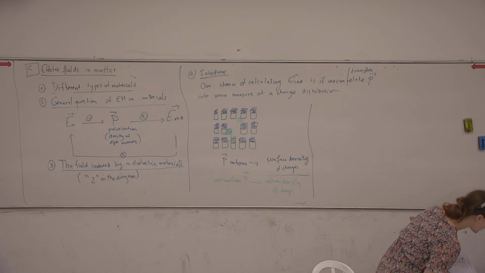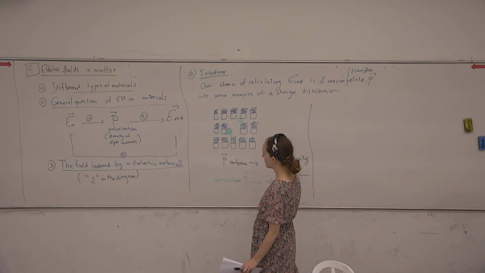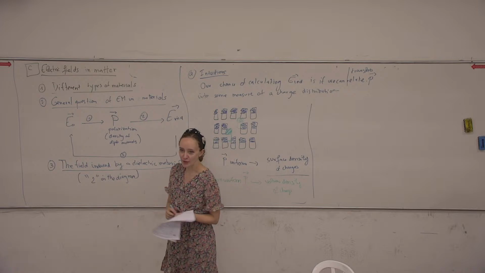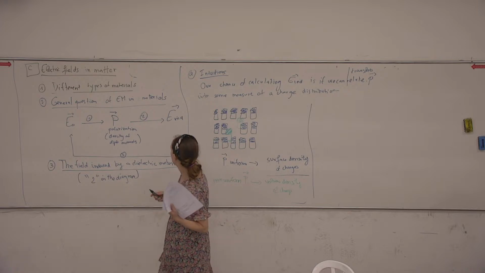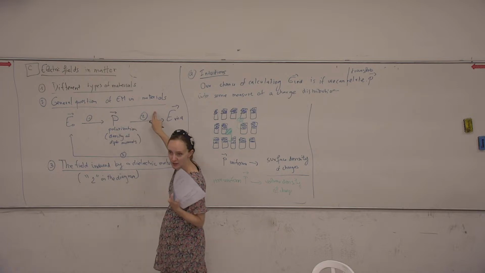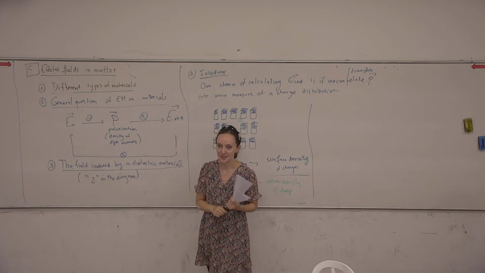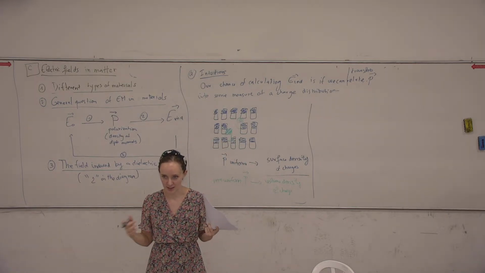My goal in the next 40 minutes is to give you the methods to go from this to this, to do the two transitions. And this will be the key to many exercises.